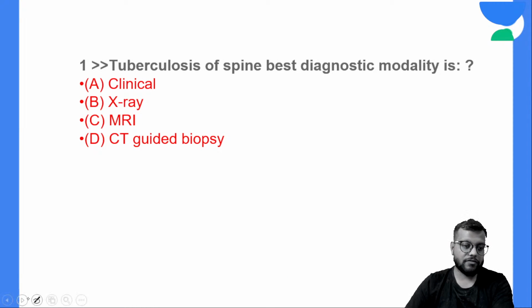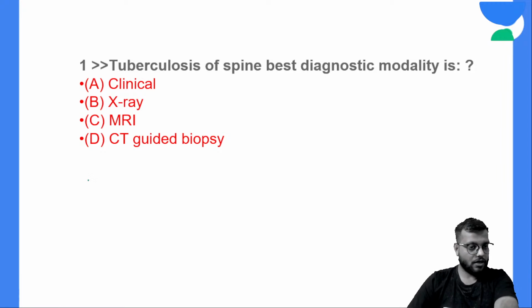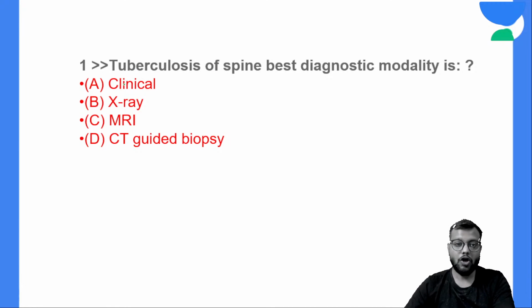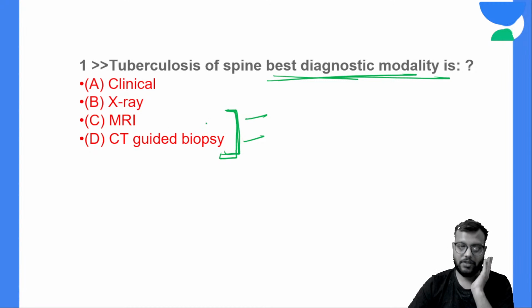so now we'll have some questions about this topic, and then we'll sum up the topic. Tuberculosis of spine, best diagnostic modality here. Okay, so here MRI and CT guided biopsy are both given. So for best diagnostic modality, both can be the answer.